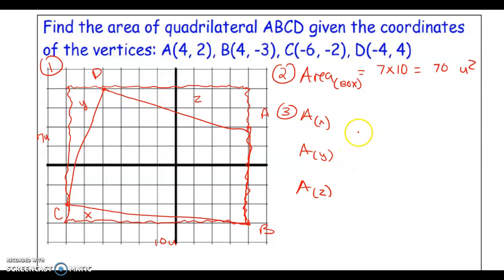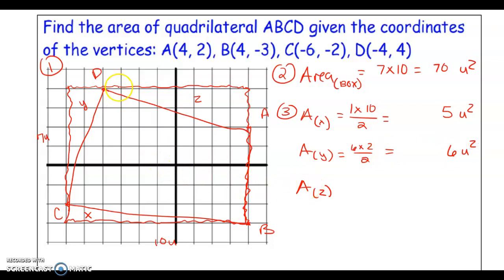Okay, when I look at triangle X, my dimensions are 1 unit by 10 units. So I've got 5 units squared. When I look at triangle Y, I have 6 by 2 units. That's 12 divided by 2 gives me 6 units squared.